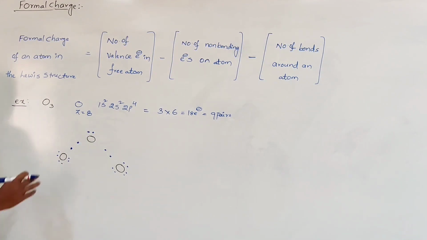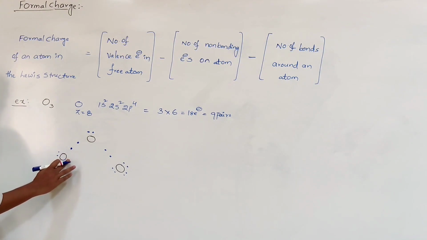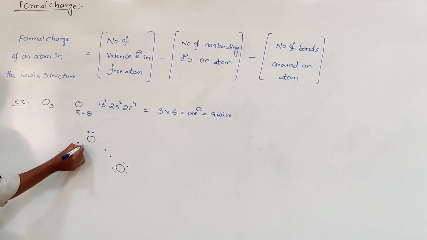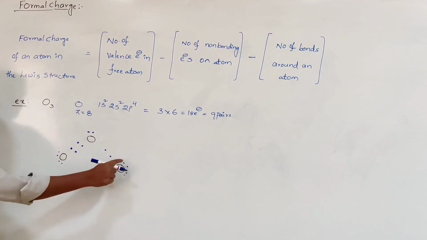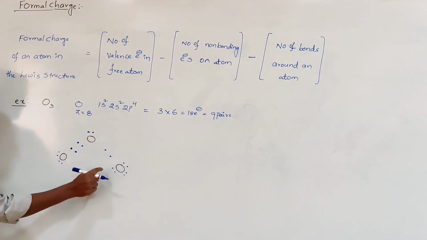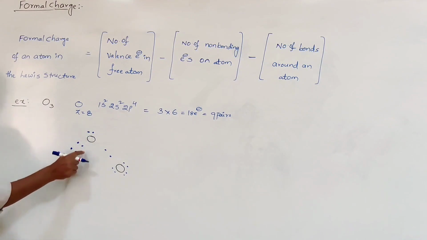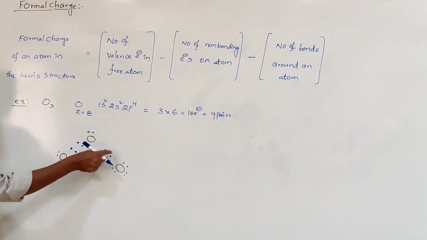So instead of keeping one lone pair of electrons on the oxygen atom, I will keep that pair as a shared pair of electrons between the 2 oxygen atoms. So that 2, 4, 6, 8. This oxygen atom is getting the 8 electrons, this oxygen atom is already getting the 8 electrons, here 2, 4, 6 and 8.